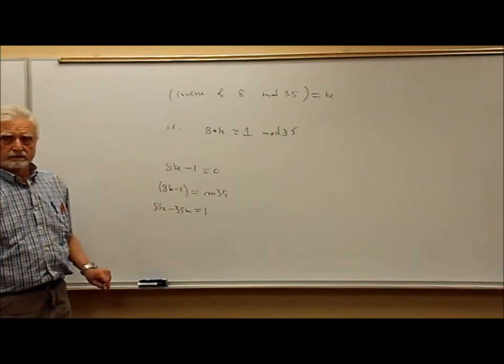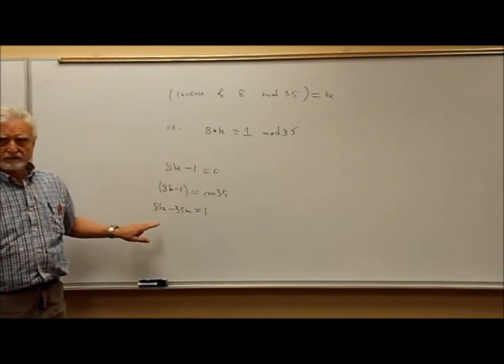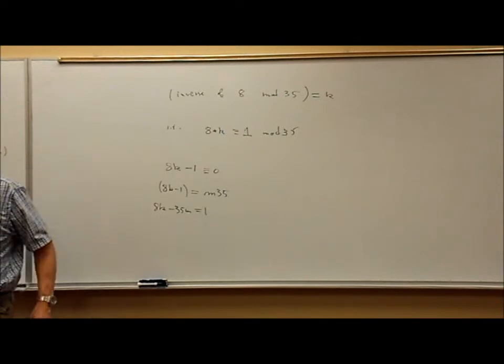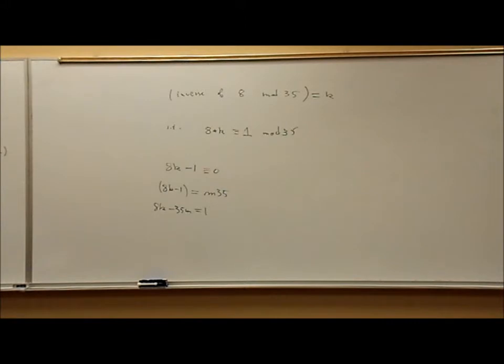Which is your linear combination. Right, and those are your numbers that you get out of the algorithm that finds the pairings.